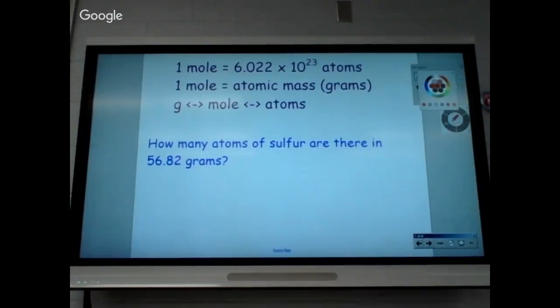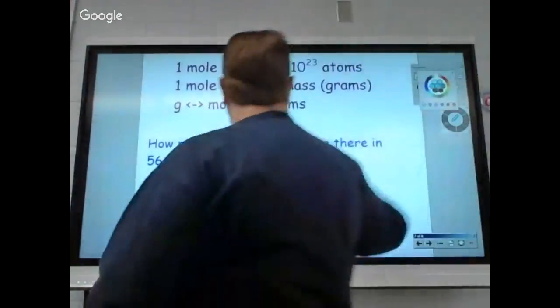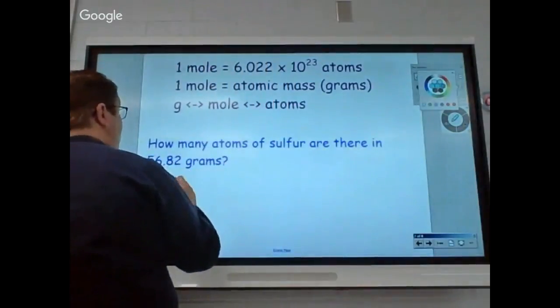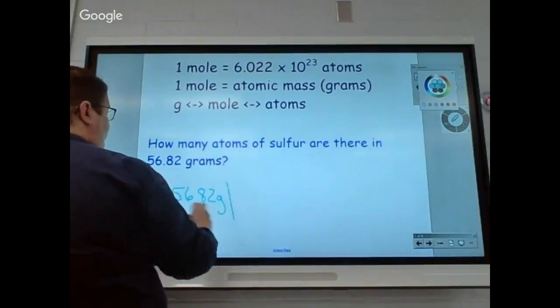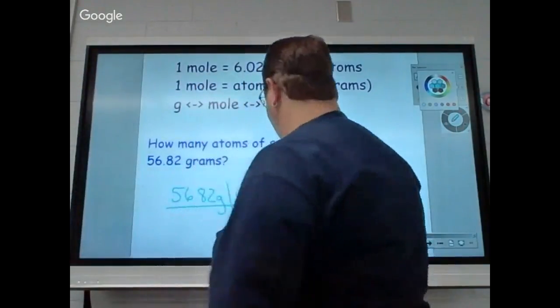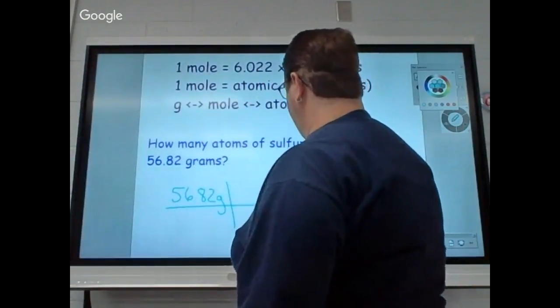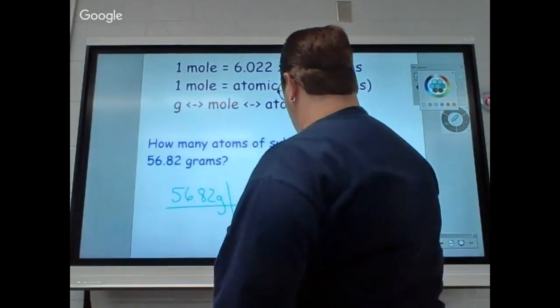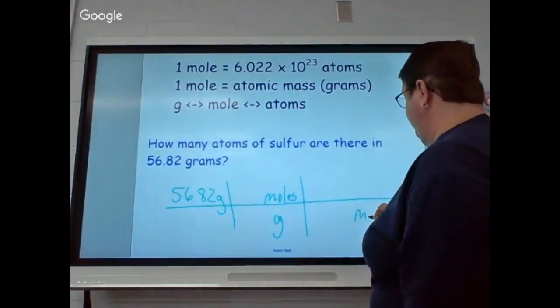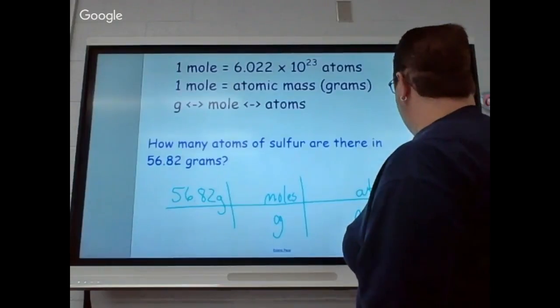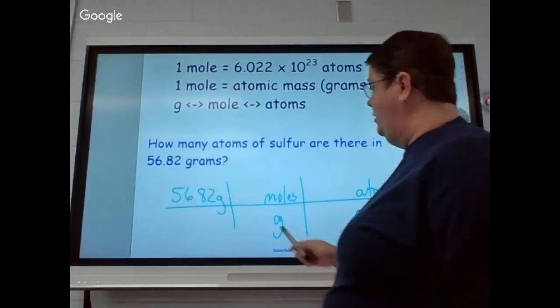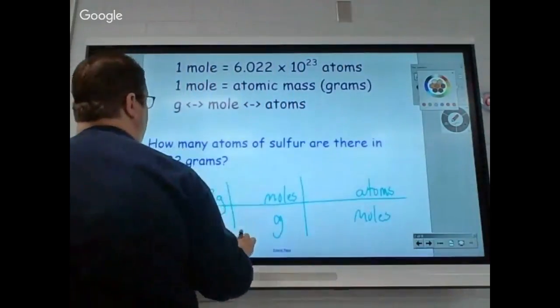What do we start with? Yep, what goes in the top? 56.82. Okay. And on the bottom? Grams. On the top? Moles. On the bottom? Moles. And on the top, atoms. All right.